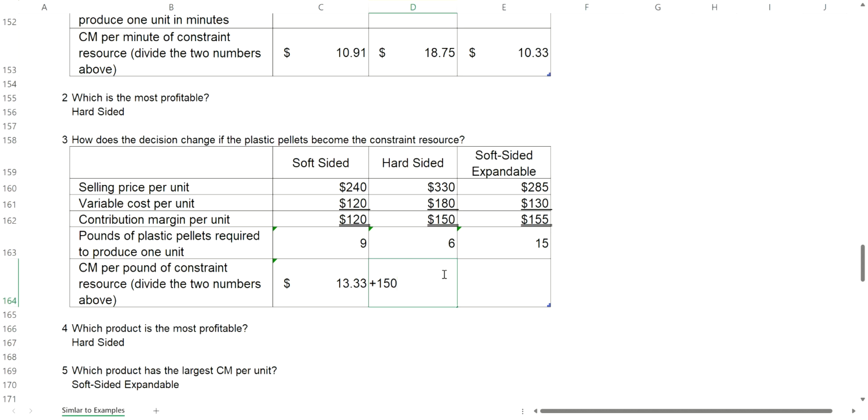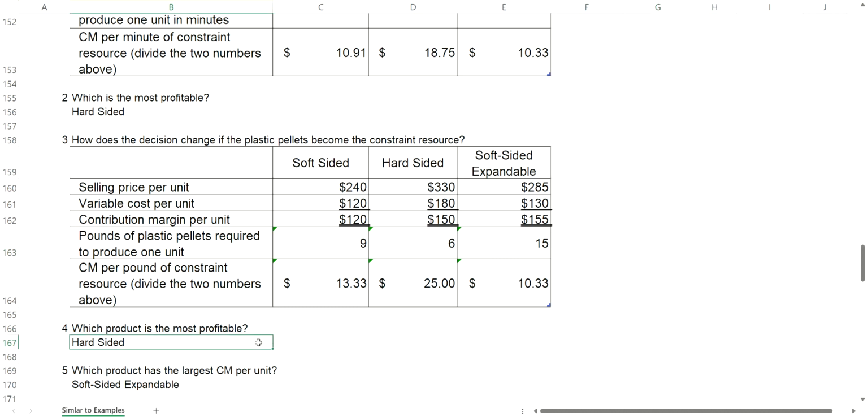I'll take 150 contribution margin, divide it by 6 pounds. You will come up with an even $25 contribution margin per pound. And here I would take 155 divided by 15 pounds, and you will come out with $10.33 per pound.